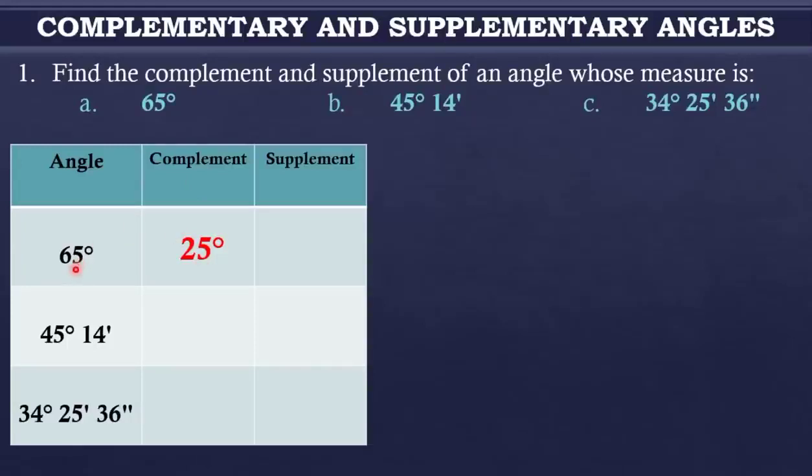And the supplement of this angle is 180 minus 65, which is 115 degrees. So this is how we get the complement and supplement of this angle. This is easy, we just subtract.